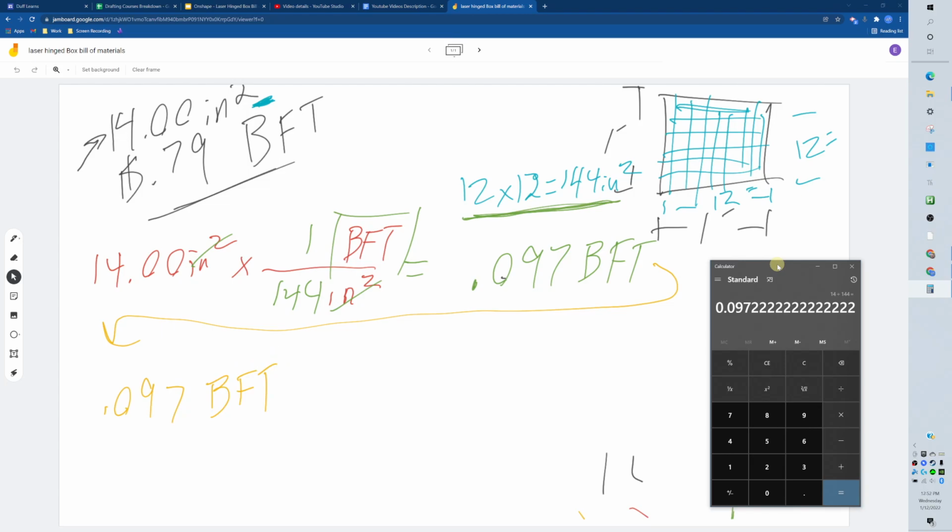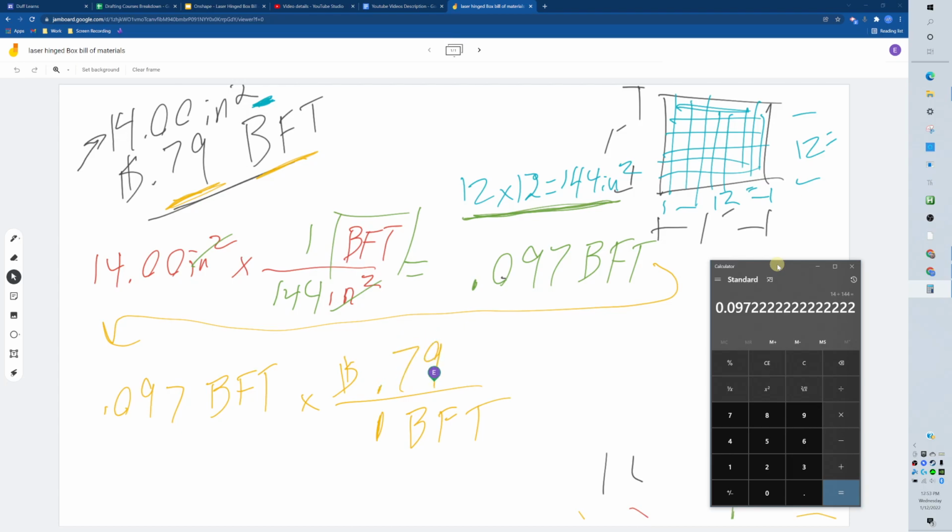I'm going to take that and figure out the cost now, because we're trying to get rid of board feet. So I'm going to put it on the bottom, and we know that it is 79 cents for one board foot.